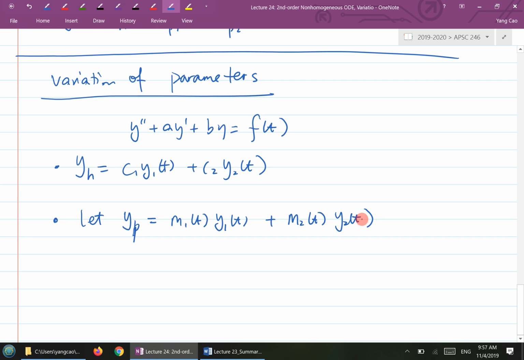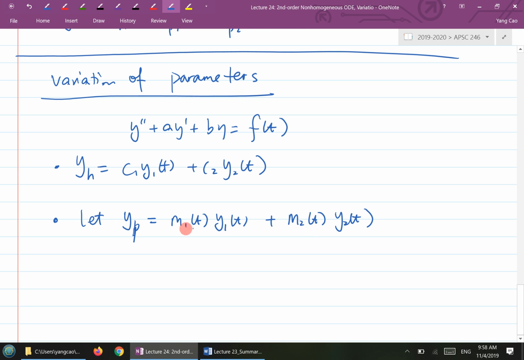If you look at the choice of yp, it is a combination of y1 and y2, which are the two basis solutions from your general solution for the homogeneous. But at the same time, we're multiplying each one, y1 and y2, with a function, M1 of t and M2 of t, not a constant.